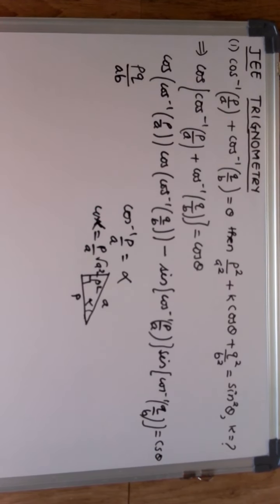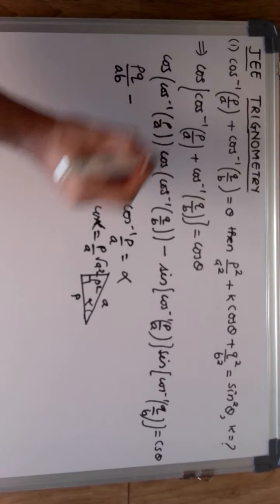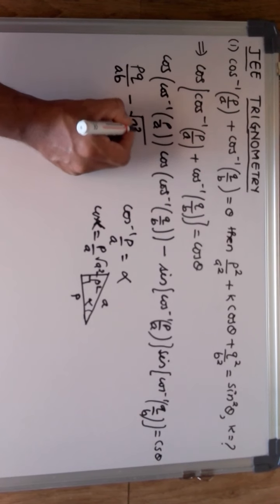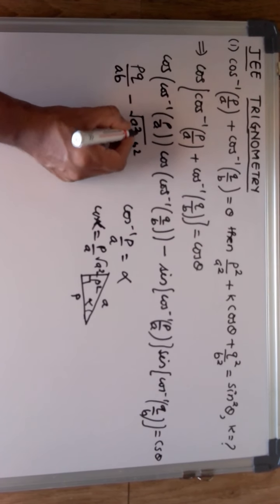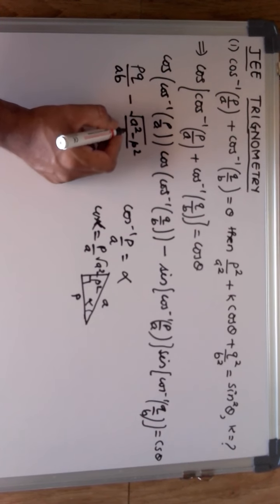Sin alpha is nothing but opposite to hypotenuse. So this will be under root A square minus P square upon the hypotenuse, that is A.